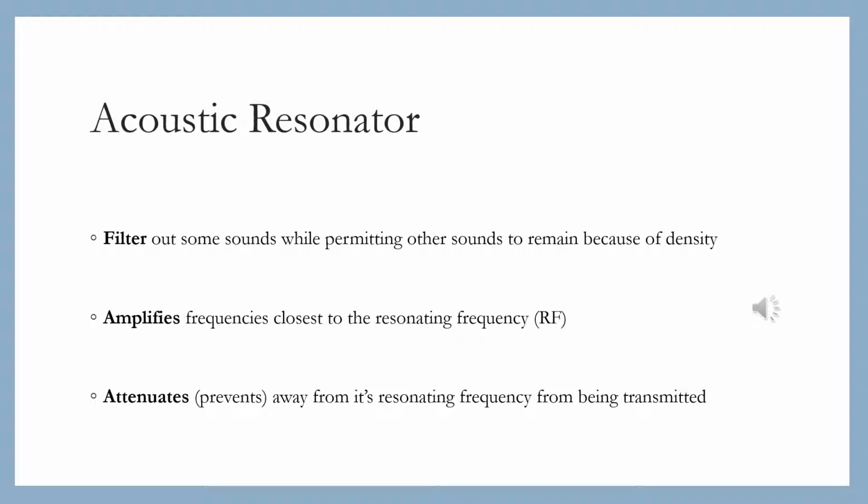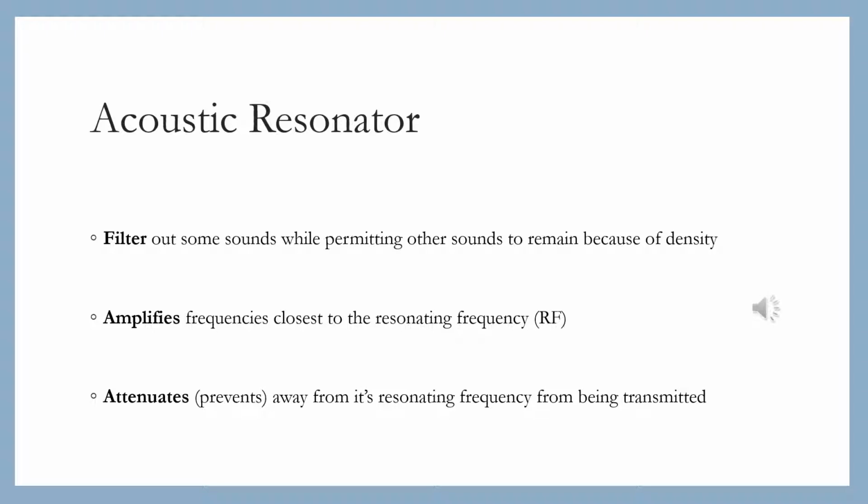And a big difference with that is you can hear when a guitar is in tune or out of tune, because depending on how the string is tightened or lengthened gives a big difference in sound. With acoustic resonators, it amplifies frequencies closest to the resonating frequency.